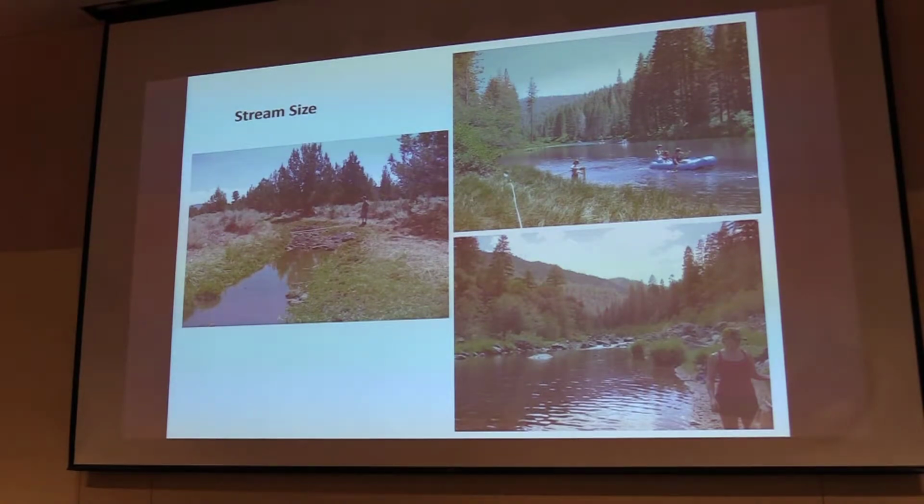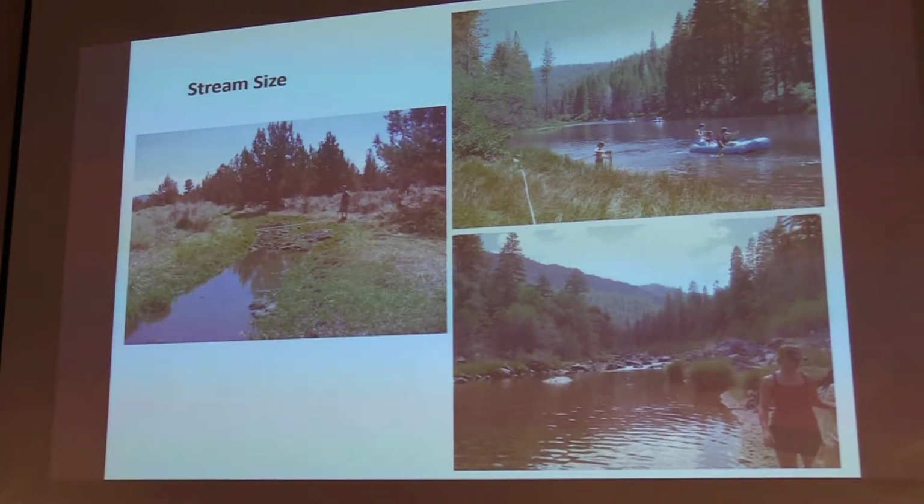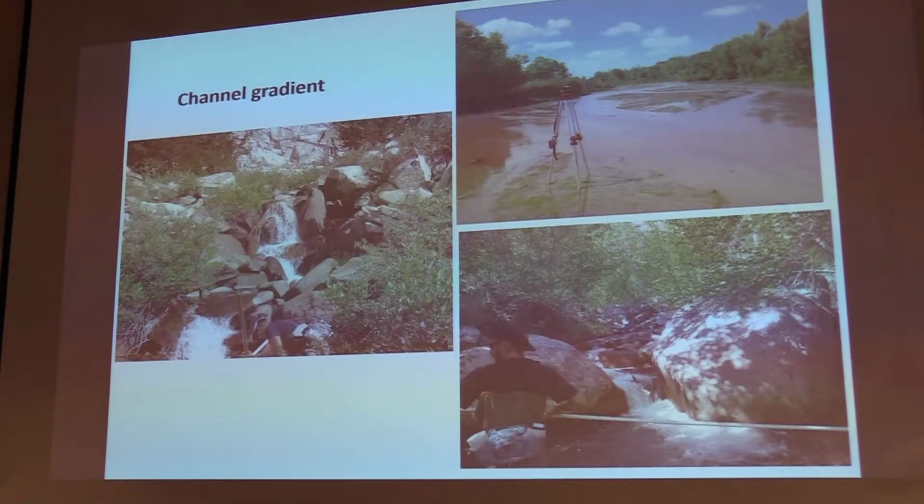So stream size can vary from tiny little brooks that you could easily step across to large, barely wadable rivers that support recreational uses like rafting to medium-sized streams like in the lower right photo, which are kind of in between. Channel gradient varies from really steep cascading streams to streams that are so flat you have to measure slope with an auto level, and again we see everything in between.